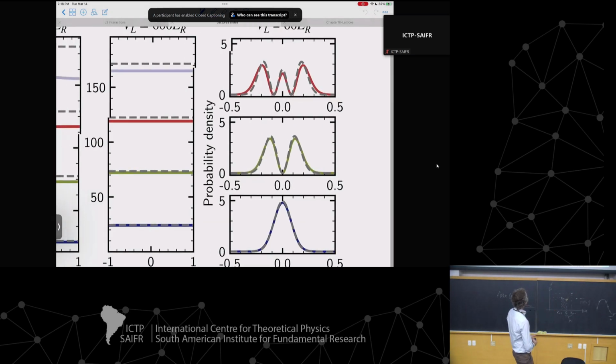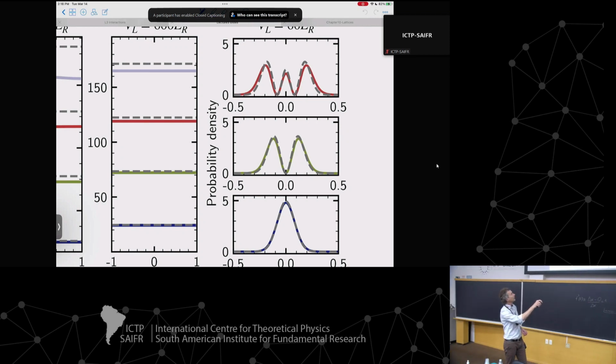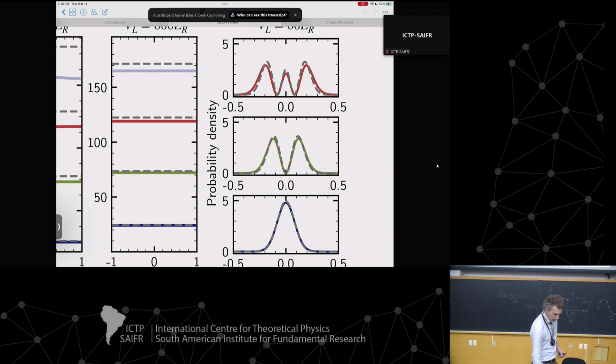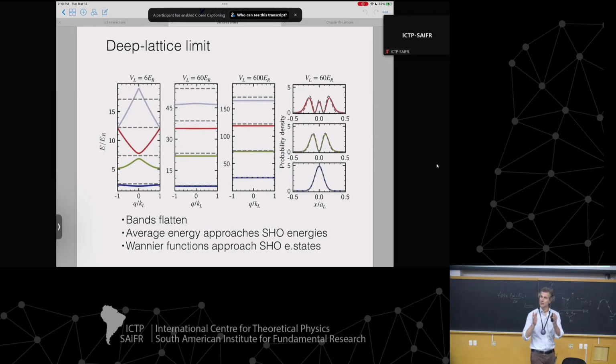And you can see that the overlap is pretty good, right? It's not perfect as you go higher and higher, but certainly for the ground state, it's great. And so this is a really nice way to approximate the probability density on a single site for a deep lattice. And let me talk about that in a little bit more detail.